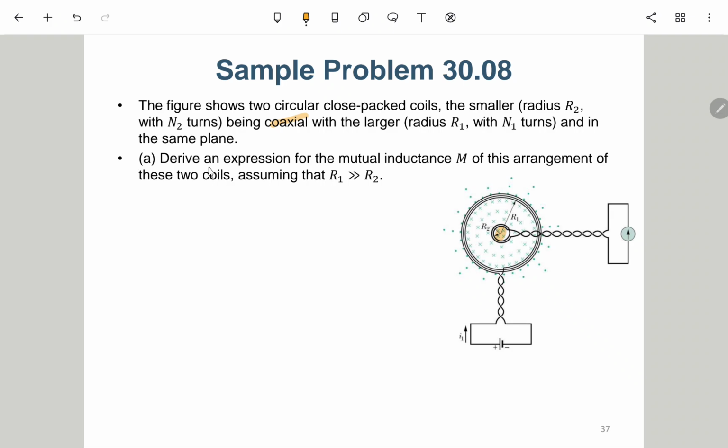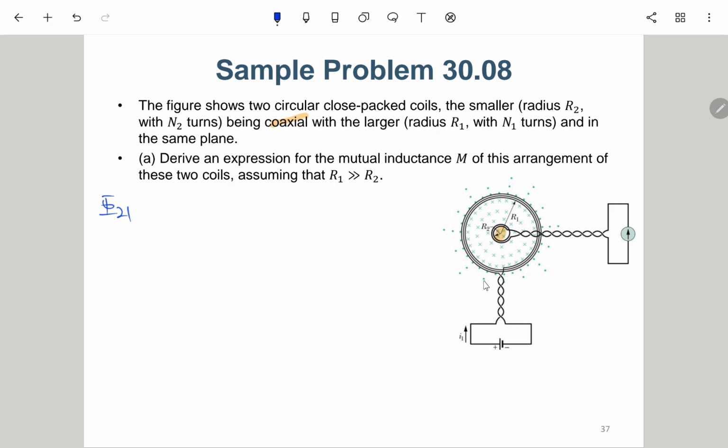Okay, so for question A, derive an expression for the mutual inductance M of this arrangement of these 2 coils, assuming R1 is much larger than R2. Okay, so here we would like to find phi 21.